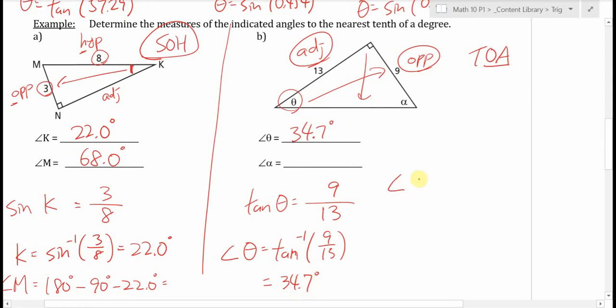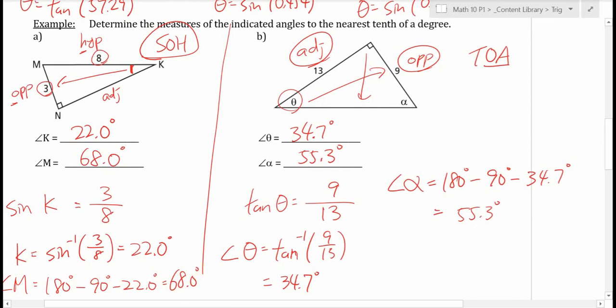And again, to solve for angle alpha, you simply take 180 minus the 90 degrees, that's the right angle, and angle theta. This will give us 55.3. Hopefully that makes sense to you.